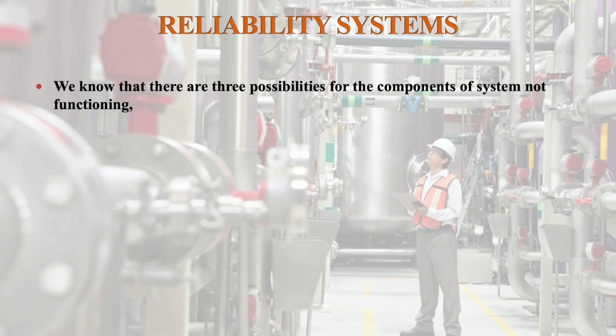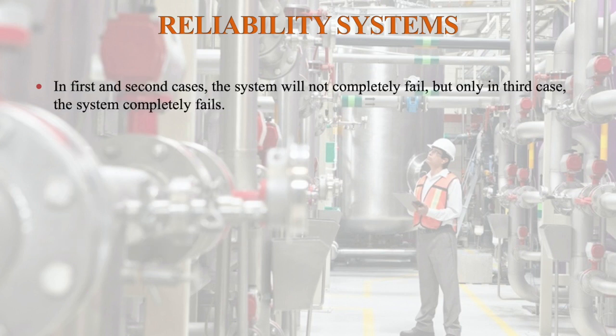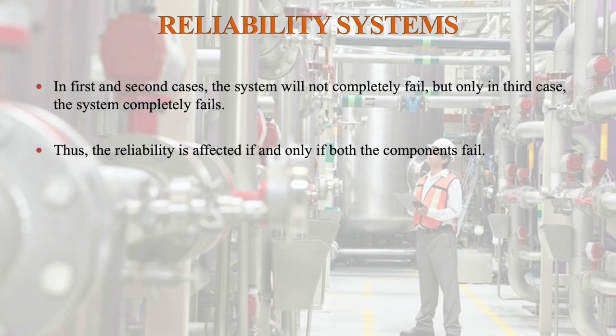We know that there are three possibilities for the components of the system not functioning: subsystem A fails, subsystem B fails, both subsystems A and B fail. In the first and second case, the system will not completely fail, but only in the third case the system completely fails.